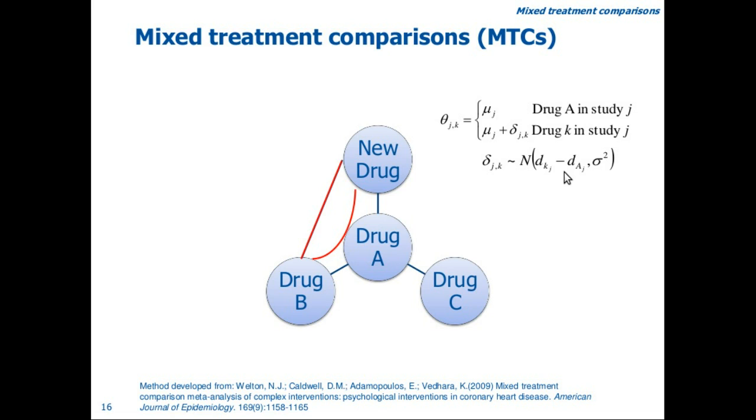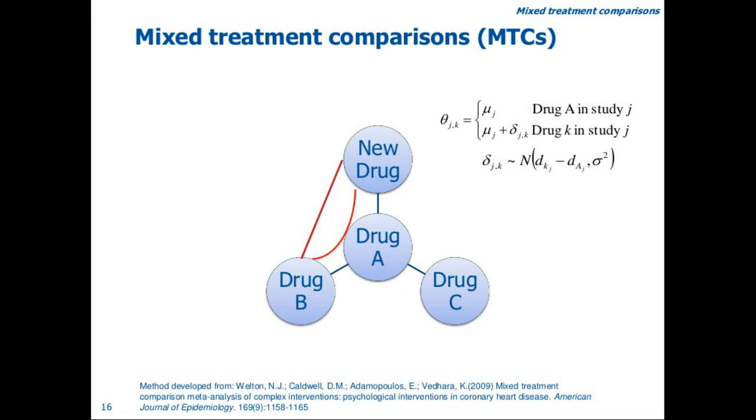So if we treat the effect of A as 0, then that makes it fairly easy to just look at the effects of individual arms on their own. We don't always set the effect of drug A to 0, but we often do if it's a placebo arm. And that's really one of the most common situations that we have.